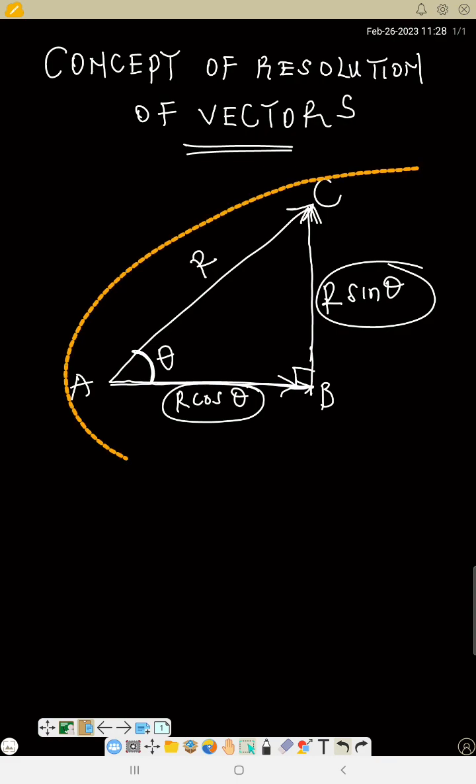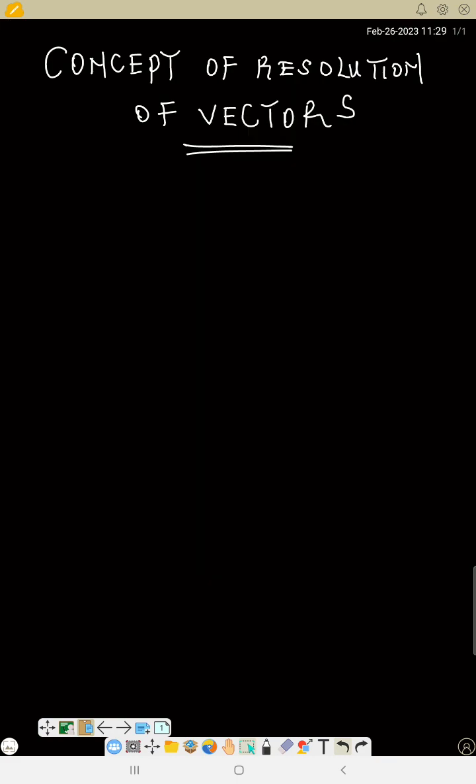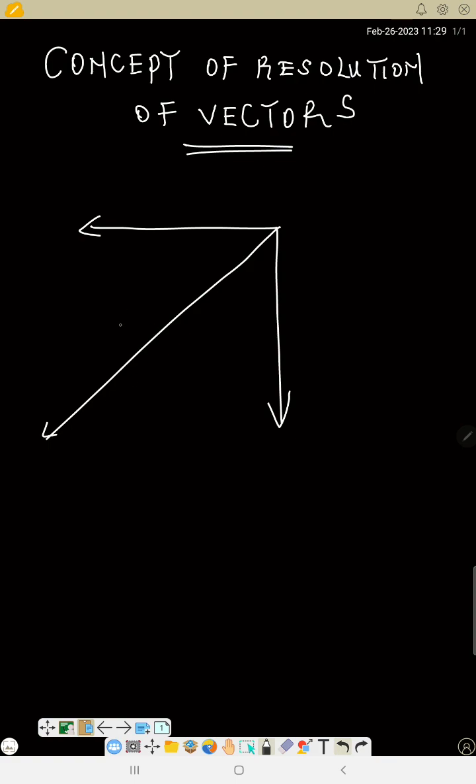Take your time. Now let's test ourselves on this. Let's say I have a vector like this. This place is 20 Newton, and here is 10 degree.